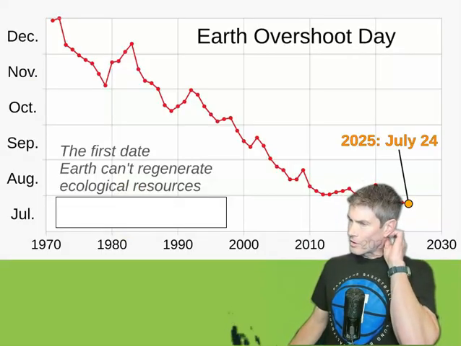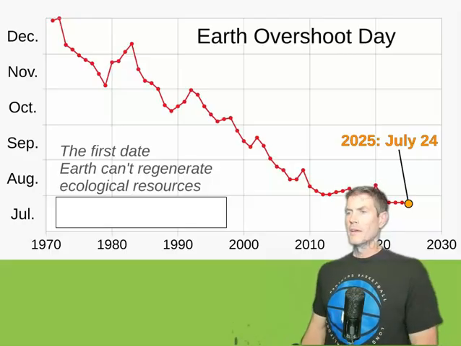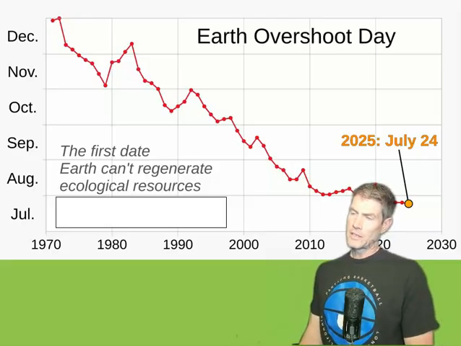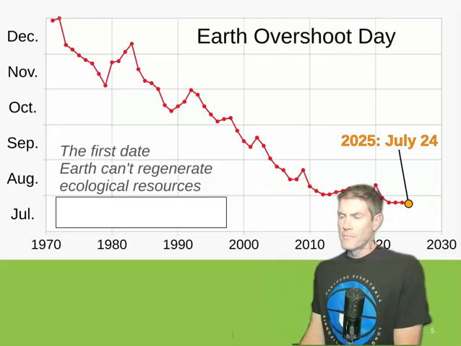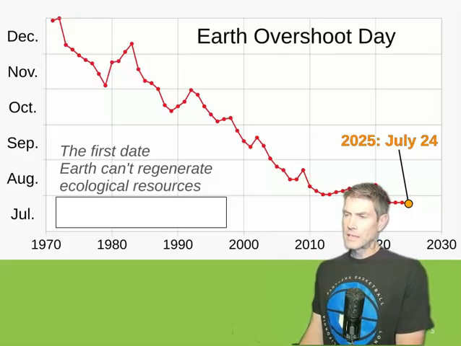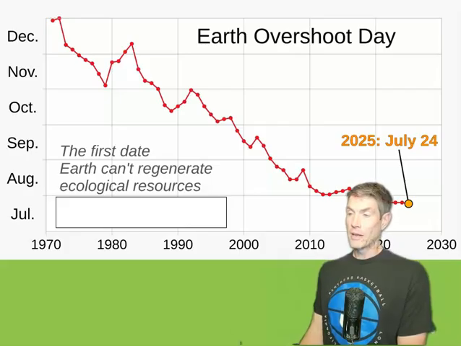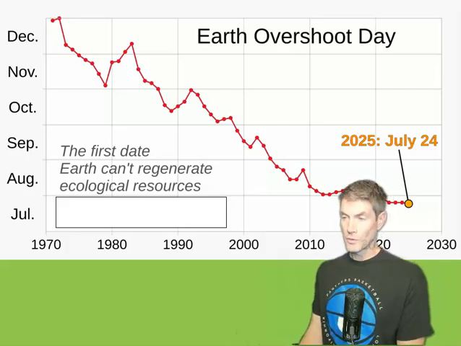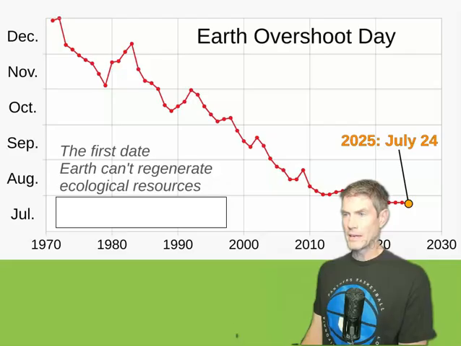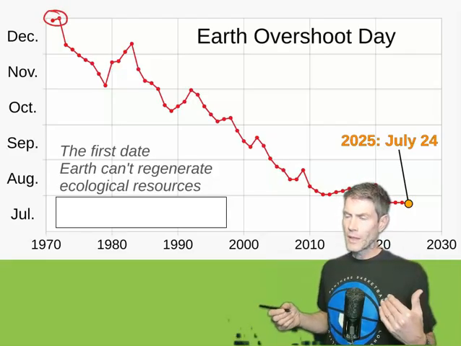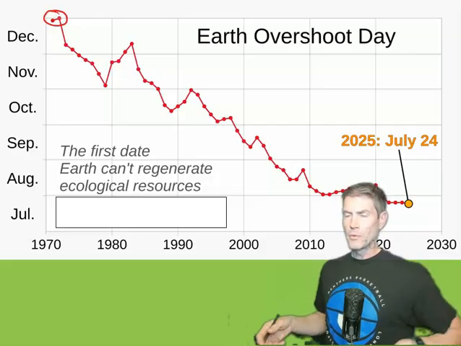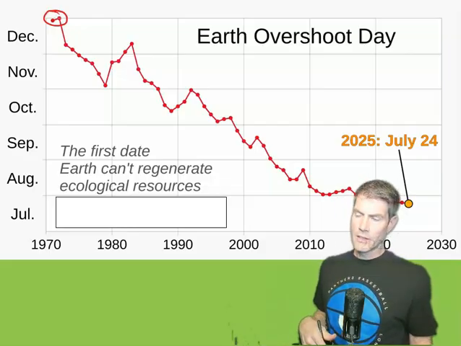So there's something called Earth Overshoot Day. Basically, it's a calculation of how long it takes the Earth to regenerate the resources that we're using in a year. Back in 1970, the whole Earth combined, every year would regenerate the things that we use.